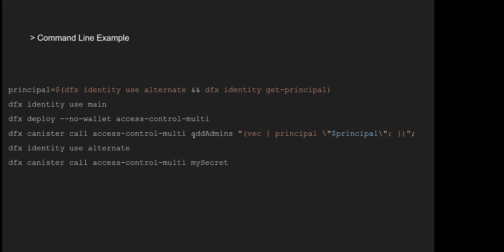And then we can call the add admins function, which accepts a list of principals, and we'll just pass in the principal of our alternate identity. And then if we swap to that alternate identity and call the secret recipe, the expected output there would be that we do in fact get the recipe because we are now an admin.